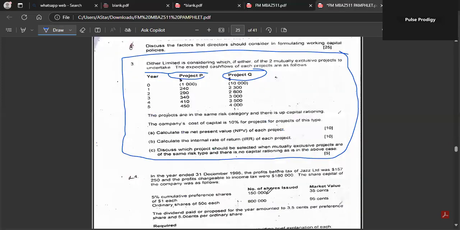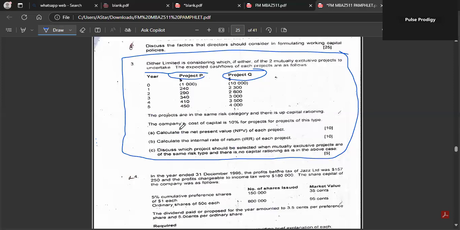All right, now we can get down to the question, where we're looking at these two projects. They didn't ask us to find the payback period, but they have given us two projects, and they are telling us that the projects are in the same risk category, and there is capital rationing.